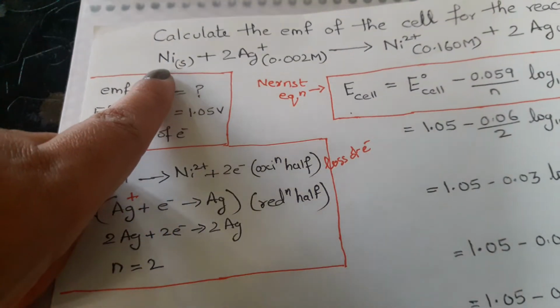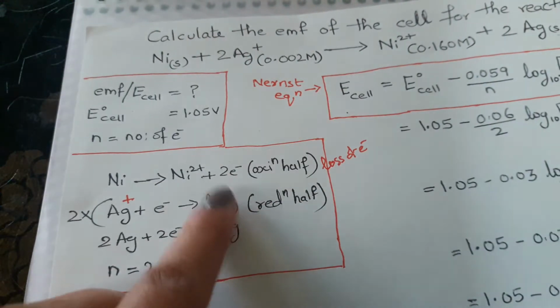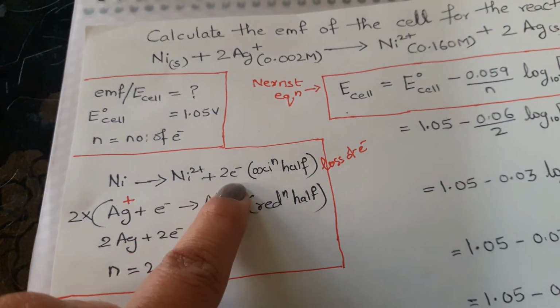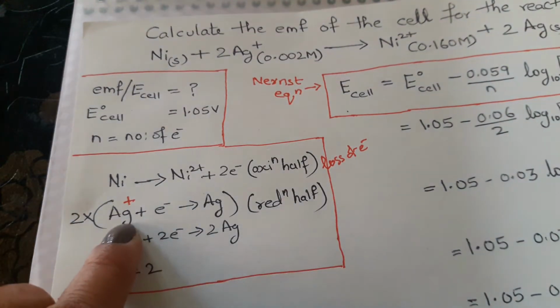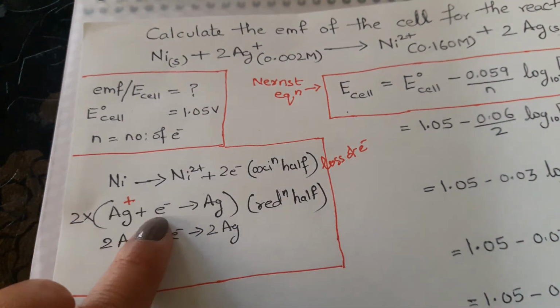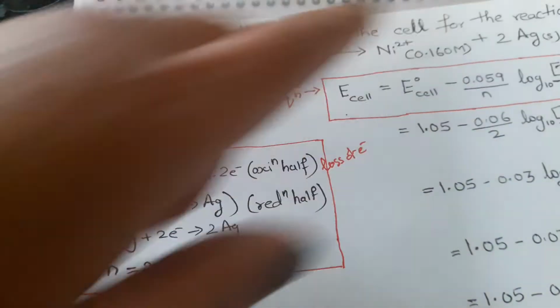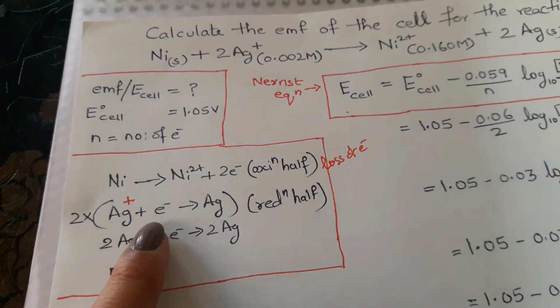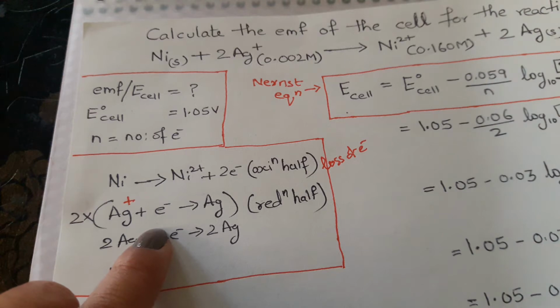So when we see nickel, we see that Ni becomes Ni2+ with the loss of 2 electrons. In the same way, Ag+ gains 1 electron and it becomes Ag. Now we have to make sure that the number of electrons for the cell reaction remains the same.